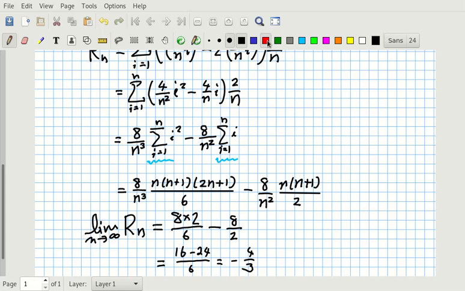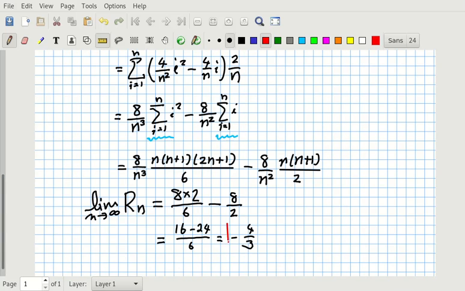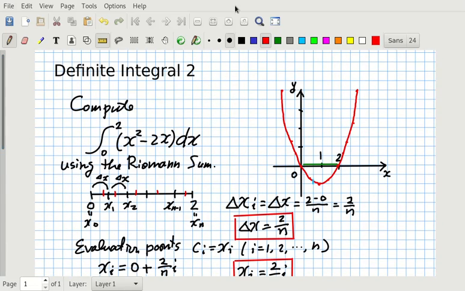Then we get this result. So the integral is minus 4 over 3. Okay, why is it negative? Because when we look at this graph, this is the graph of y equals x squared minus 2x.